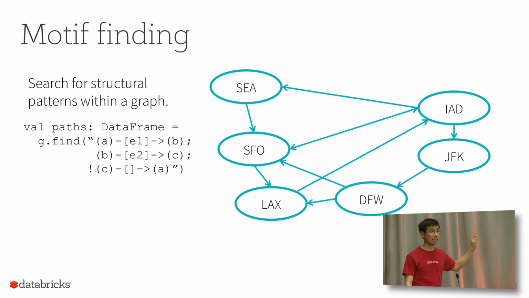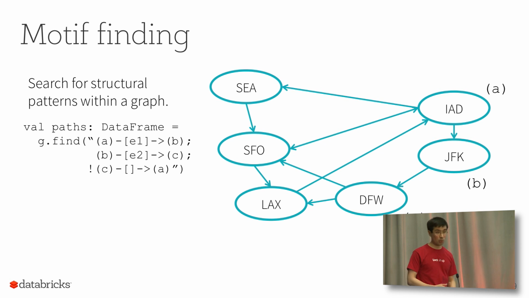Look at the first line. It says we're going from a vertex A through some edge E1 to a vertex B. So for example, in this graph, something which matches is, say, Washington Dulles Airport is vertex A. It connects to JFK Airport. The next line in our query says that same vertex B, JFK, connects to some other airport, C, in this case, Dallas-Fort Worth.